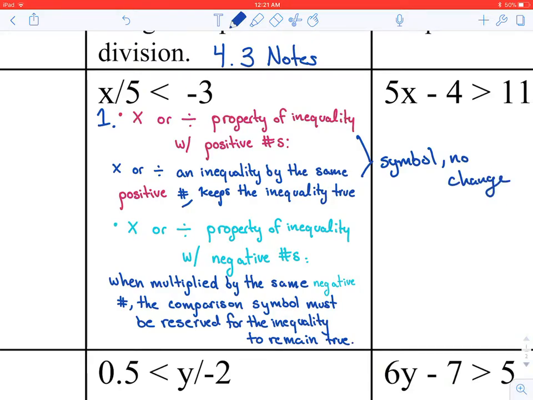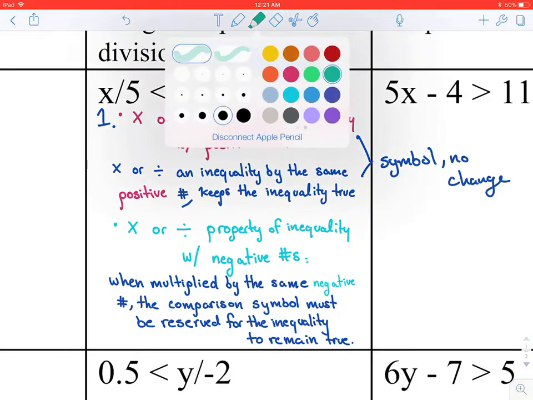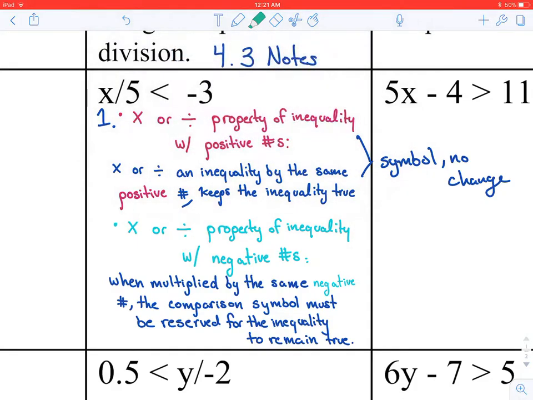So if you're multiplying or dividing an inequality by the same positive number, the comparison symbol does not change. However, if you apply the multiplication or division property of inequality with negative numbers, as you can see here, it reads, when multiplied by the same negative number, the comparison symbol must be reversed for the inequality to remain true.